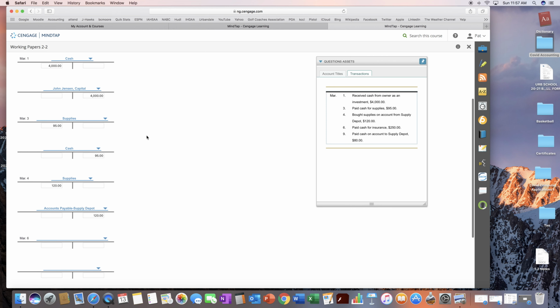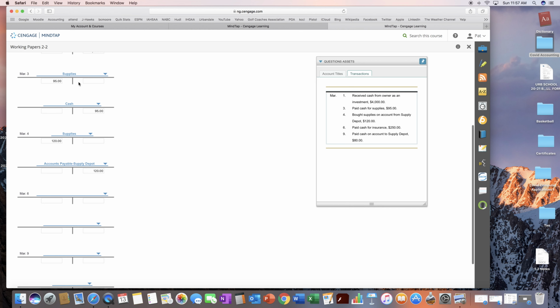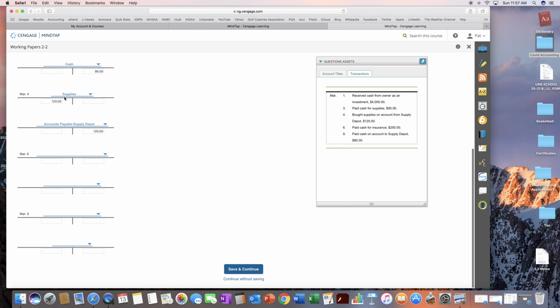So you can see in these first 3, we receive cash, we increase cash because it's an asset, with the debit. We increase capital with the credit. We increase supplies, meaning we bought supplies, an asset, with a debit. Cash, we paid cash to buy those supplies, so we credit it. That's lowering an asset.